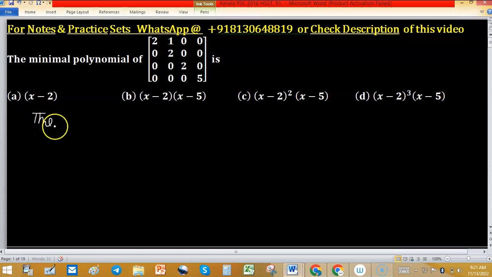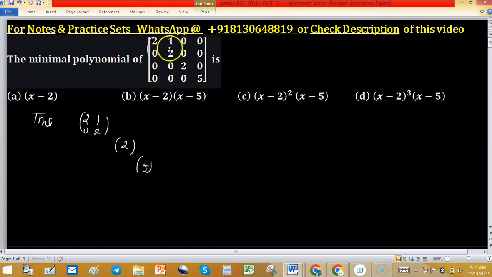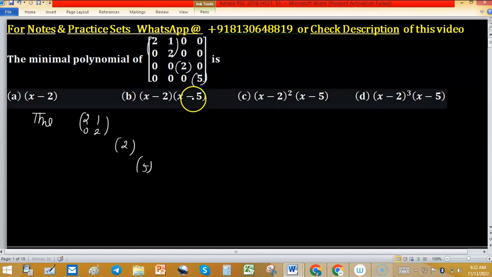The minimal polynomial of this given matrix: if we consider this matrix as a block matrix, the first block is 2 0 1 2, the second block is 2, and the third block is 5. You can identify the blocks in the given matrix like this.